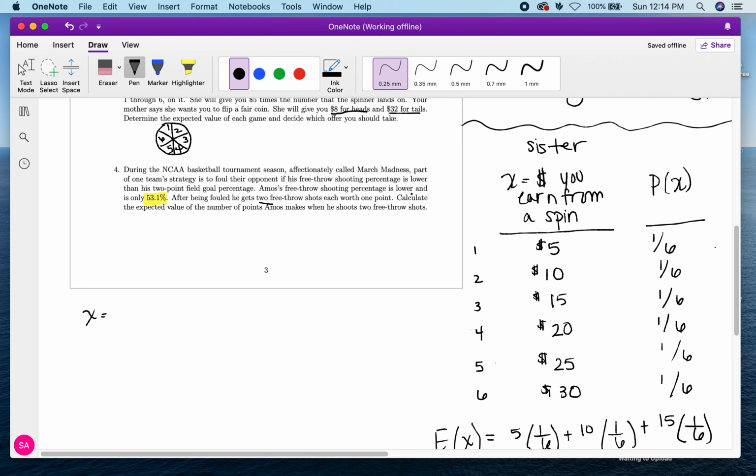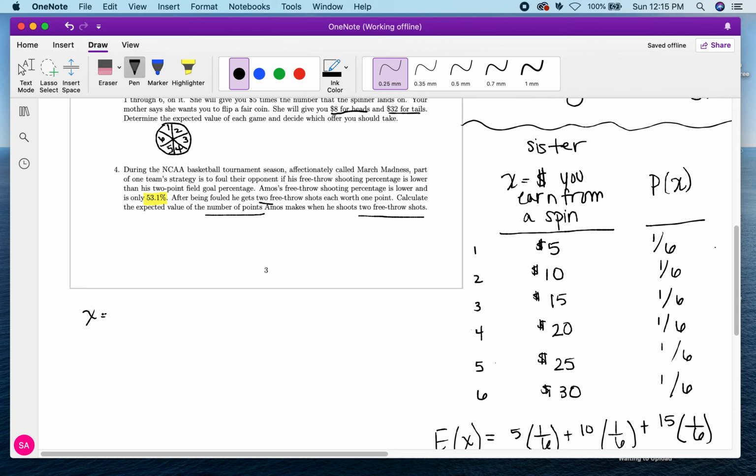To start, if we read this problem again, calculate the expected value of the number of points. So that's really where we're focusing, the number of points that he is going to make after he shoots 2 of those shots. But we're going to deal with the 2 later. We're just going to focus on 1 of those shots.